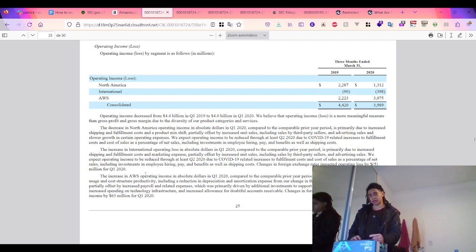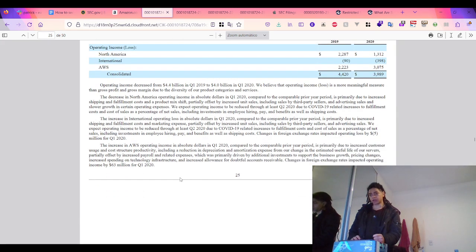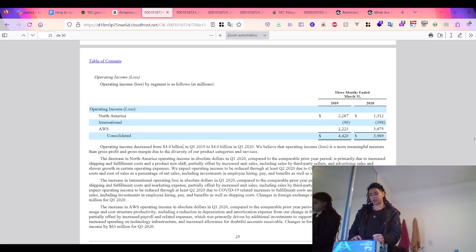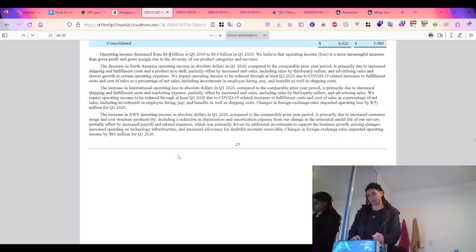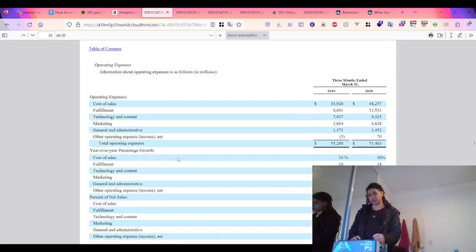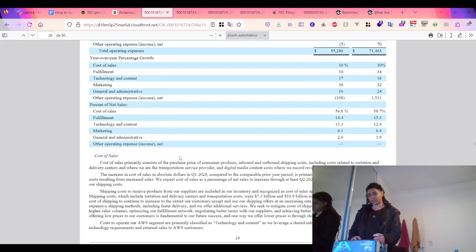The increase in AWS operating income in absolute dollars compared for that. So they lost in operating income $400 million. Jesus, $400 million. God damn it.